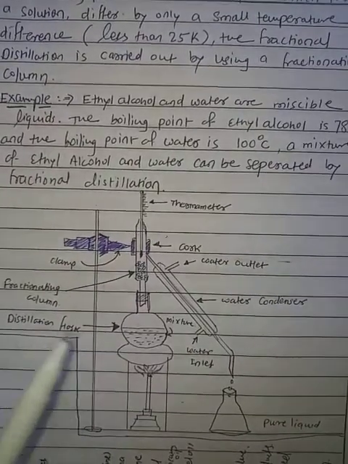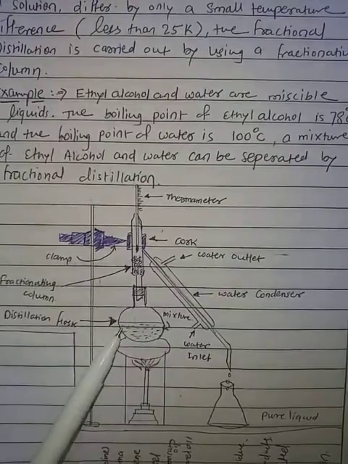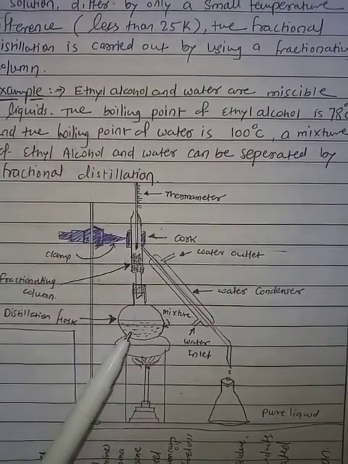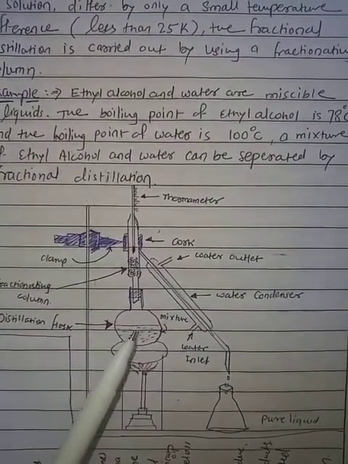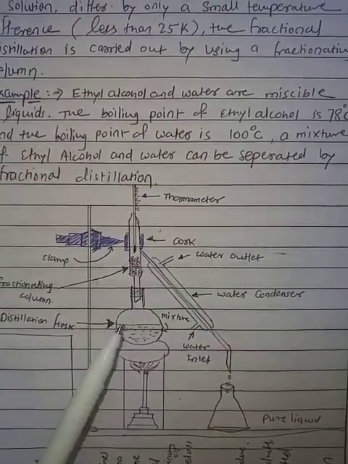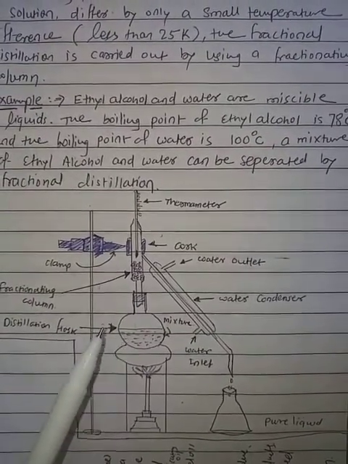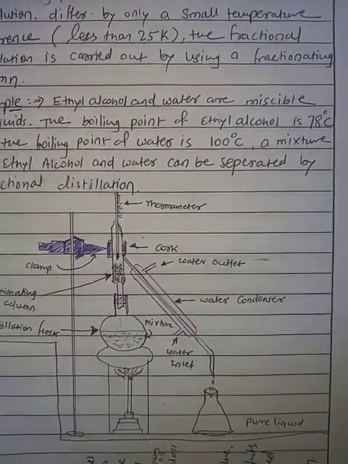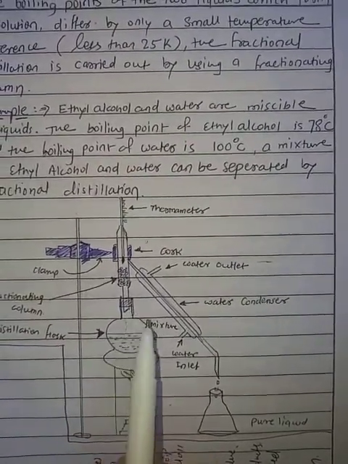Next, when the mixture is heated, both the ethyl alcohol and water form vapors as their boiling points approach respectively. So both can form vapors. Next, the ethyl alcohol vapors and water vapors rise up in the fractionating column.